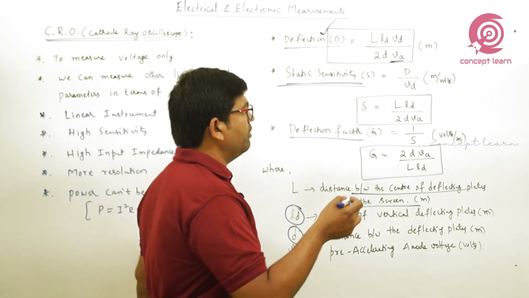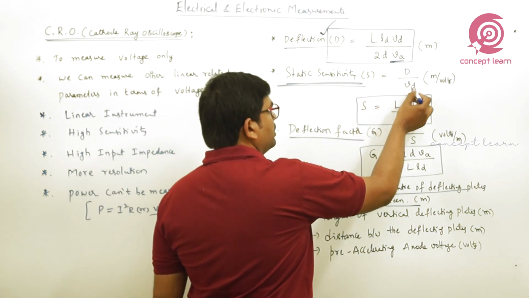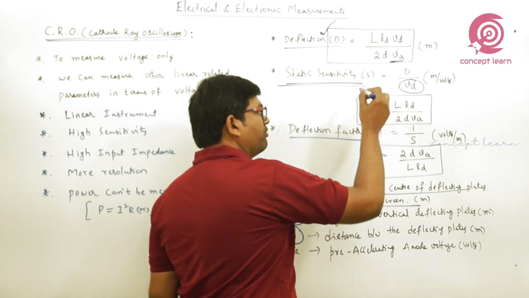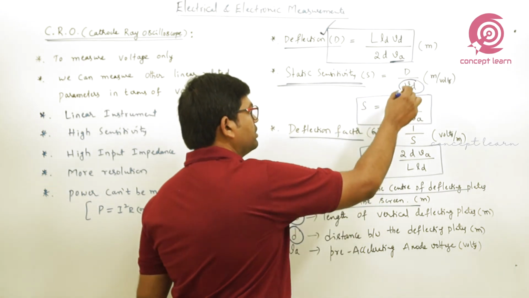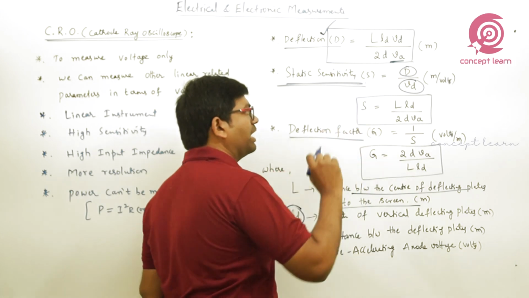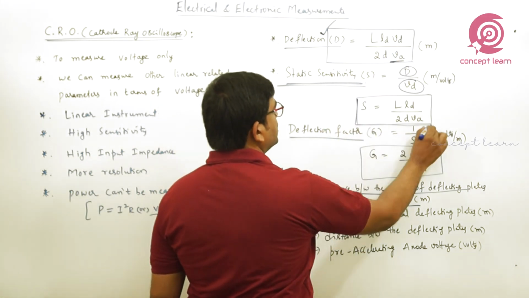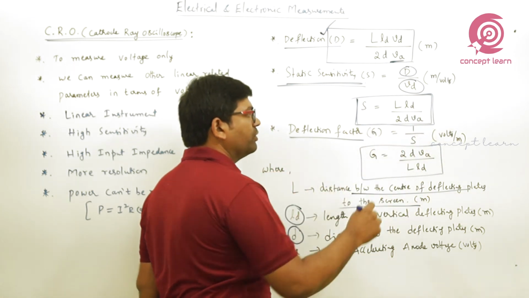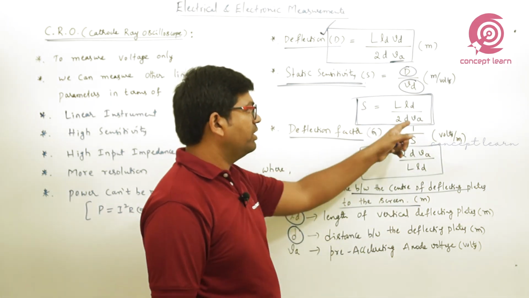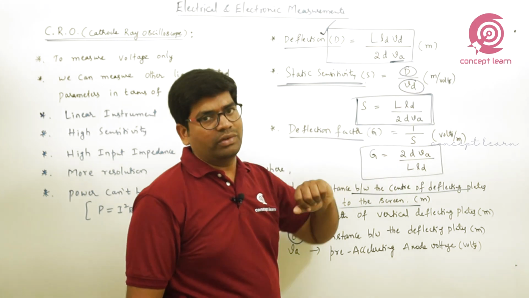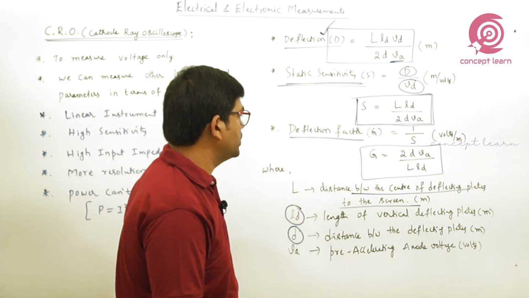So this ratio gives the static sensitivity. V_D gets cancelled. So static sensitivity is L into L_T by 2d into V_A, meaning we get meter per volt. This is the unit for static sensitivity.